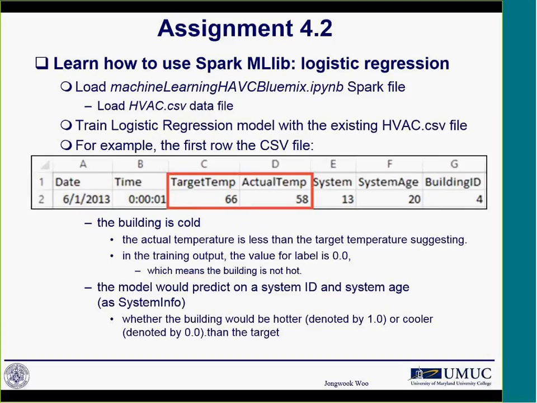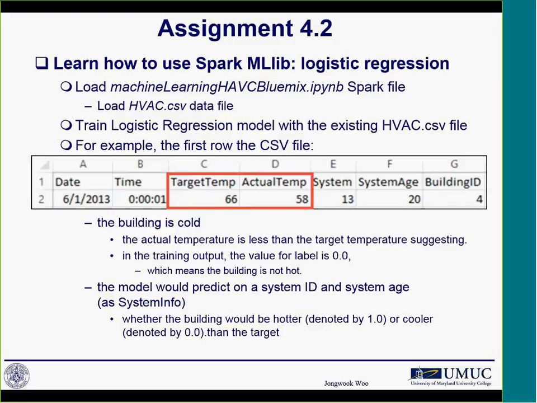For 4.4, this is how to use the Spark machine learning library with the logistic regression function. That is to predict how the air conditioner works.